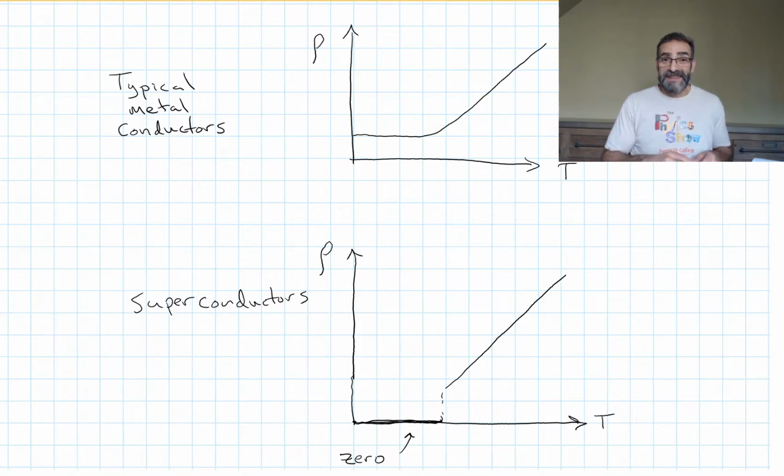And they've taken materials like this and set up current and taken out the source of potential difference, taken out the battery. And what would happen in a normal circuit? It's like taking a box and trying to push it across the floor. You give it a push, and very quickly, what happens to that box? It slows down and comes to a stop because of friction between the box and the floor.